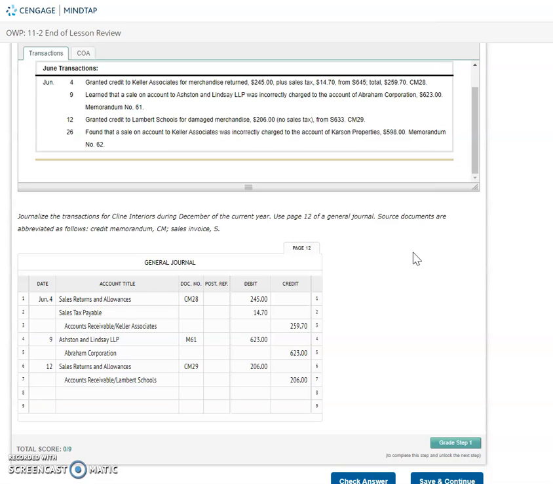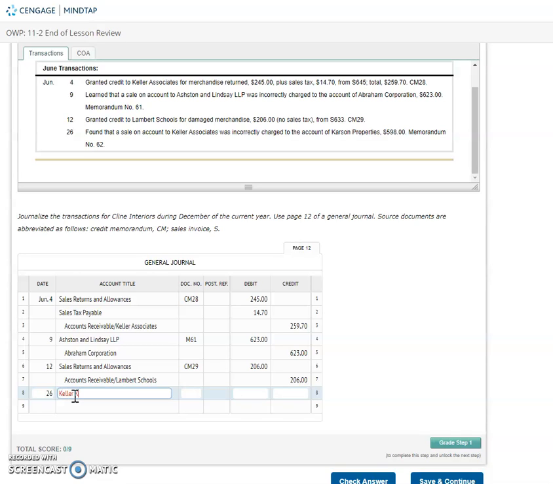Last transaction, on the 26th, we found that a sale on account to Keller Associates was incorrectly charged to the account of Carson Properties, 598, memorandum number 62. So the first thing I'm going to do is put in that date of the 26th, and then I'm going to debit the correct account first.